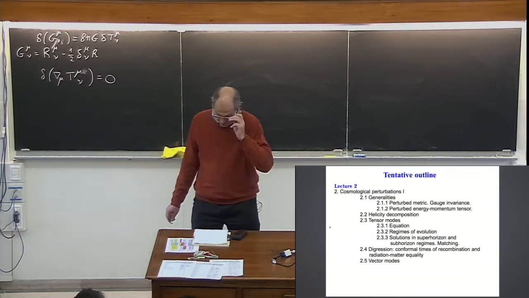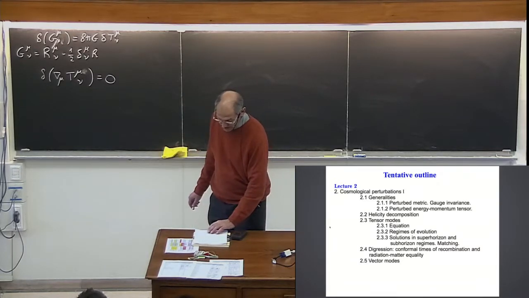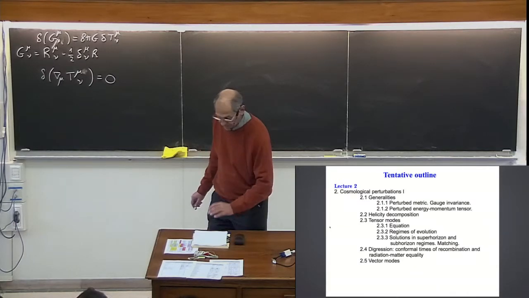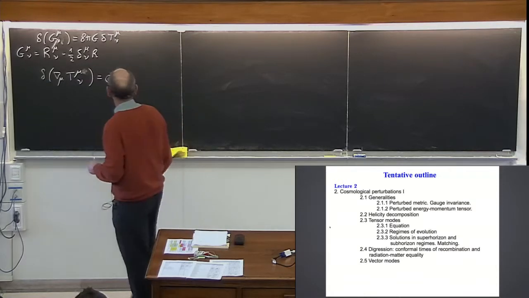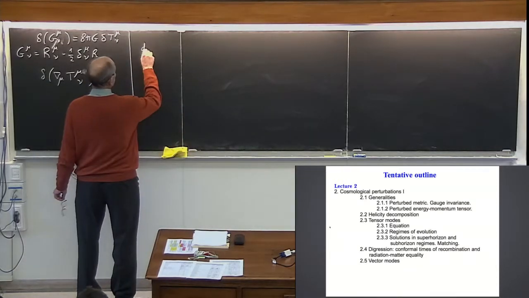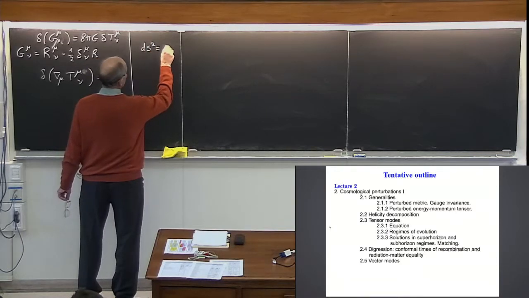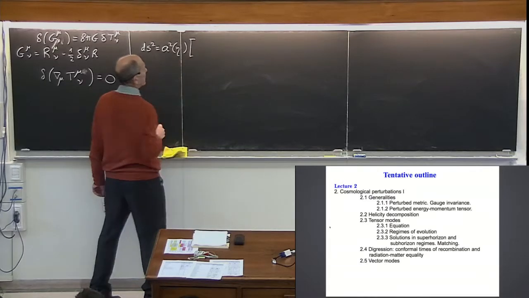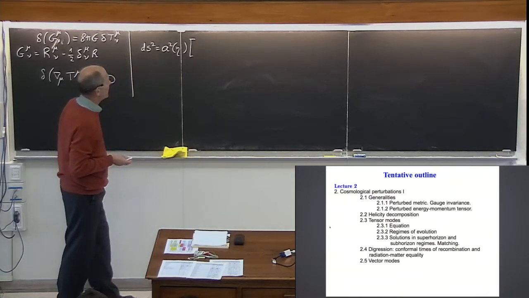So let's do that. This is not a very simple story, but let's nevertheless do it. So in the first place, we have perturbations in the metric. So let's write down our ds squared, pulling out the scale factor. I will exclusively work in conformal time.